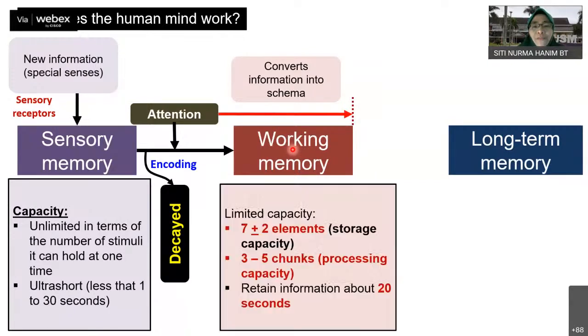But working memory, unfortunately, has very limited capacity, meaning that it can only store 7 plus minus 2 elements of information at one time. When your sensory memory transfers information to working memory, number 1 enters the working memory, number 2 enters, until number 9.